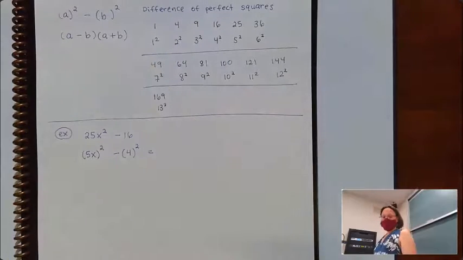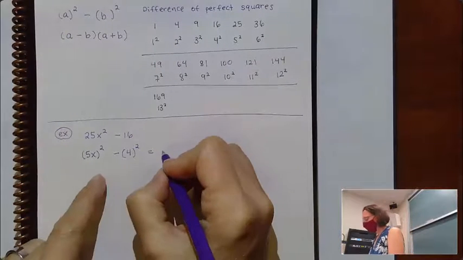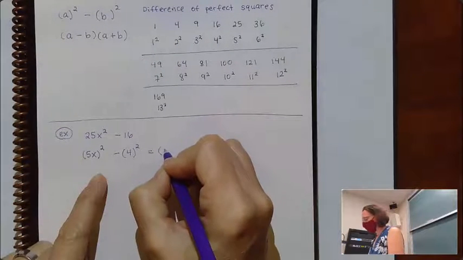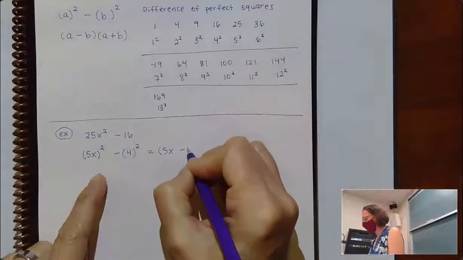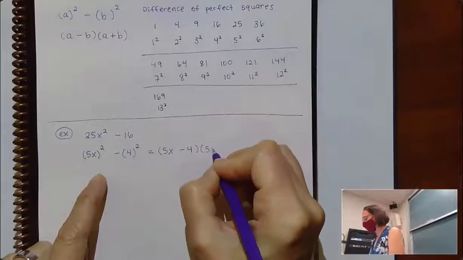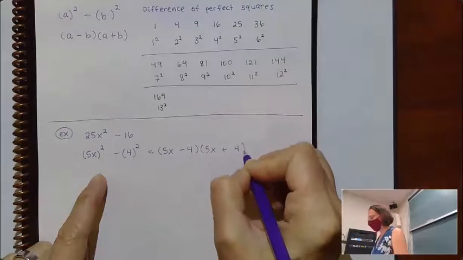And then use our shortcut to turn that into 5x minus 4 times 5x plus 4.